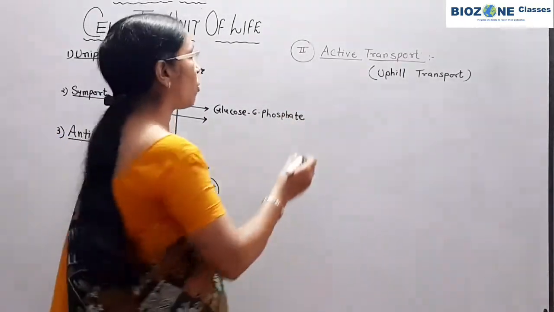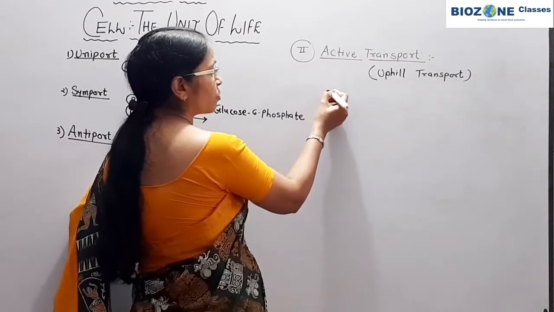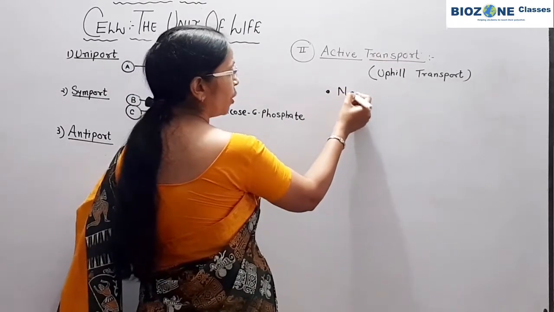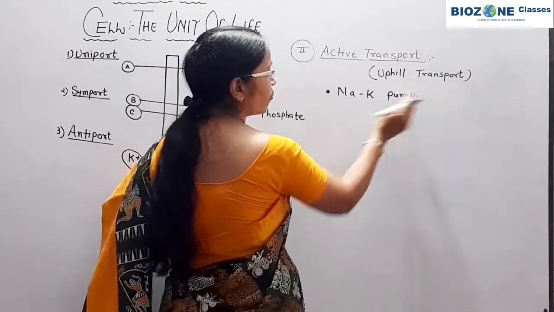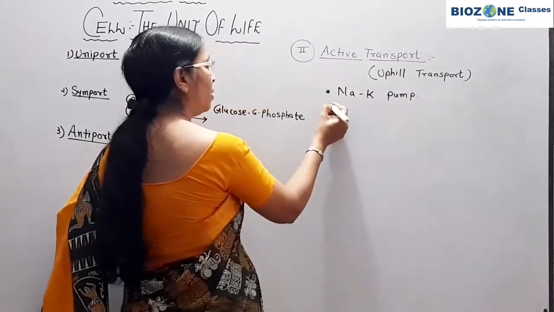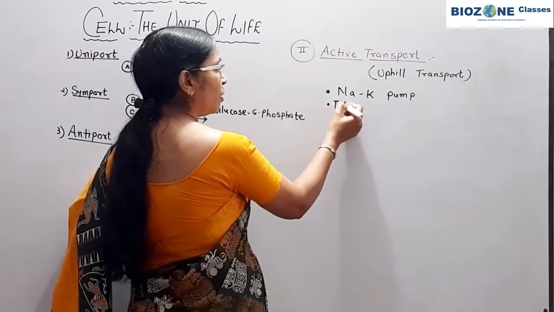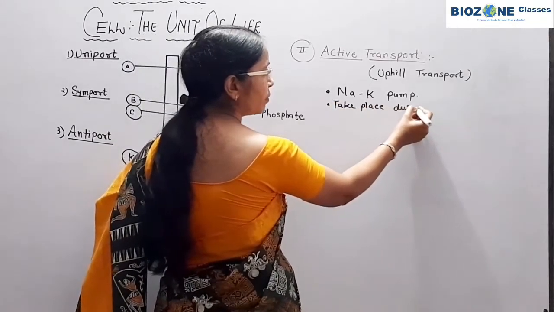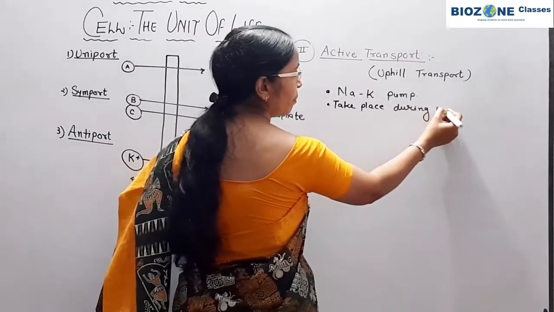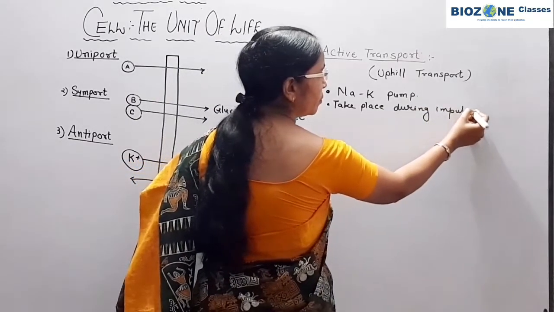The common example for active transport is the sodium potassium pump, one of the most common examples, which takes place during impulse conduction.